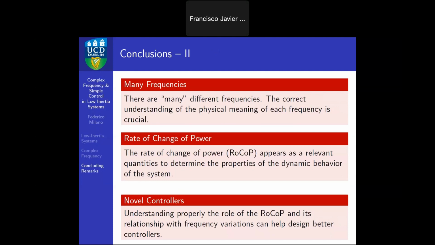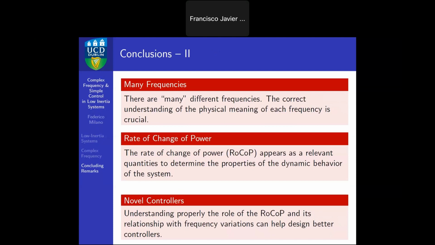Then the other message is that there are many frequencies. I think that this is another change in the way of thinking, because again, it's the time scale thing. We were talking with one of your colleagues about the idea of this single node network with one frequency, because at the end everywhere is the same. It's true, but in the time scale of the primary frequency control of the machine.